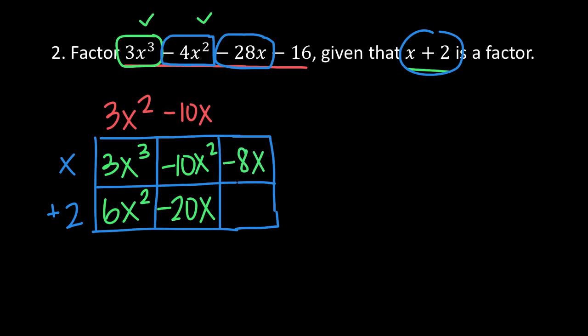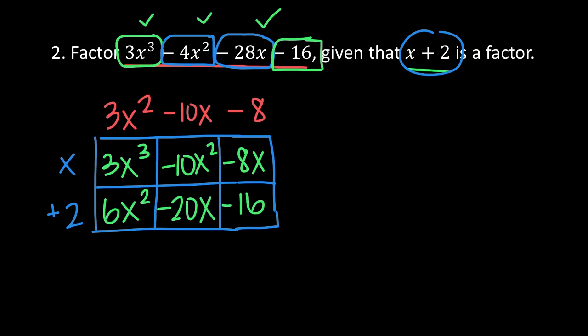Now those boxes add up to negative 28x. Then I'm going to go up here. I'm thinking of what I would put up on top to multiply to x to get negative 8x. And then I'm going to multiply the negative 8 times 2, negative 16. And I'm double checking that is the number I'm getting at the end, negative 16.